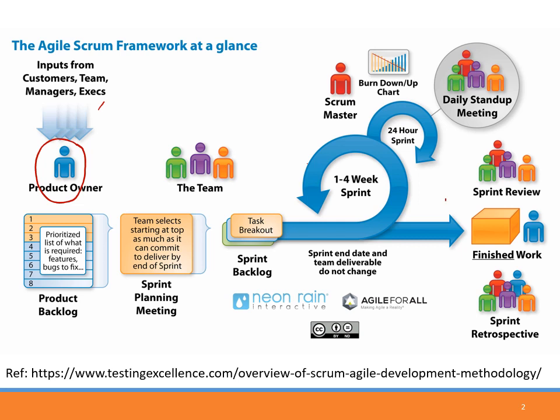Then the next role is the team. The team is a cross-functional team, that is people within our Scrum team. And of course, these people play an important role in making the project a success. We work together, we do the work, and then we solve problems together. And the next role, of course, you see here, is called Scrum Master.